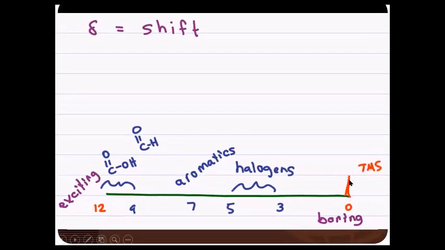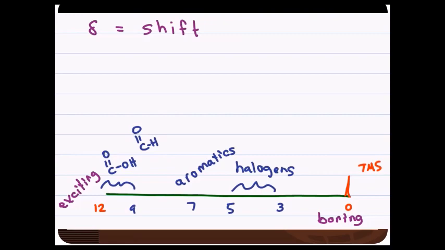And last but not least, don't forget your reference point, the small peak here at 0 ppm. That's your TMS. If you don't write it, but you have a peak showing up at 0, you still know it's just TMS. It's just used to create a basis reference for where the numbers will show up on the NMR graph.